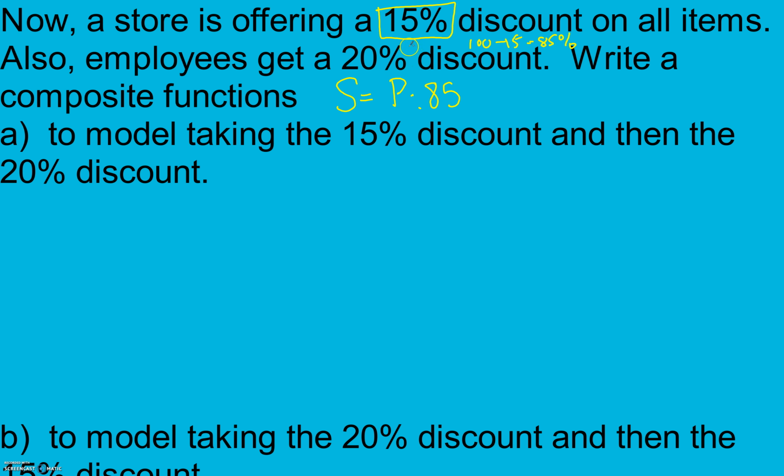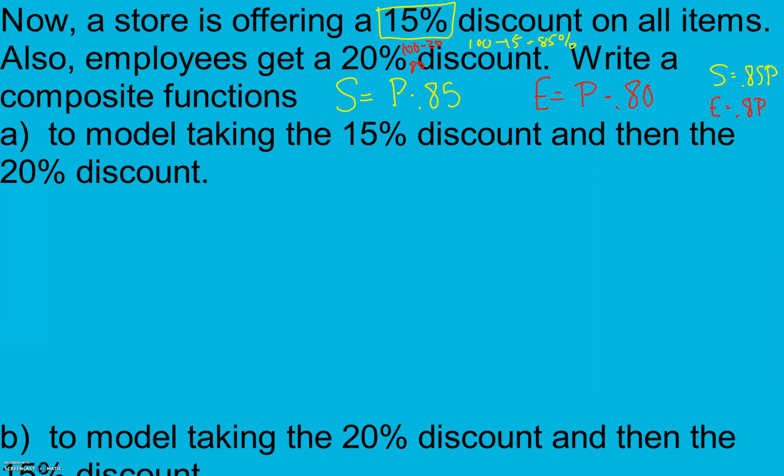So we have 20%, which means just from the employee discount, we're taking the price times 80%, so 0.80. So E is going to be 0.8p and S is going to be 0.85p.